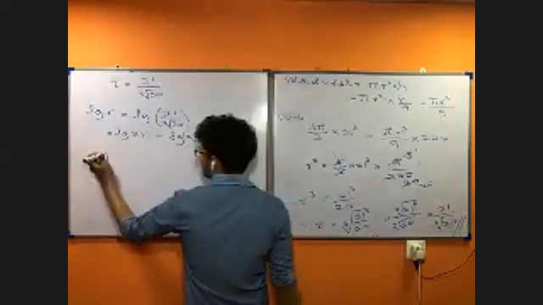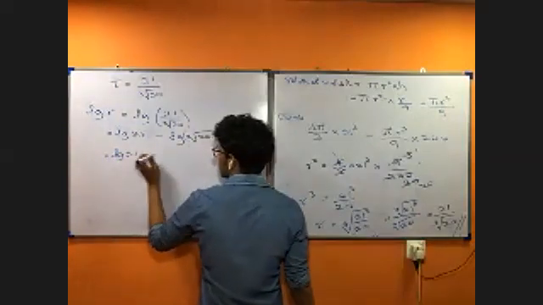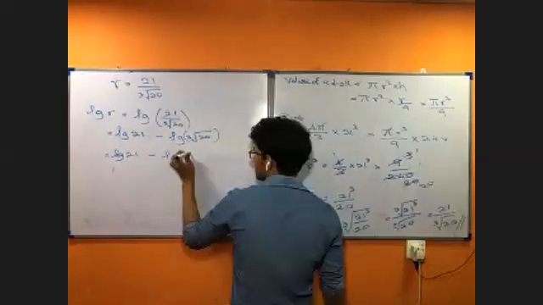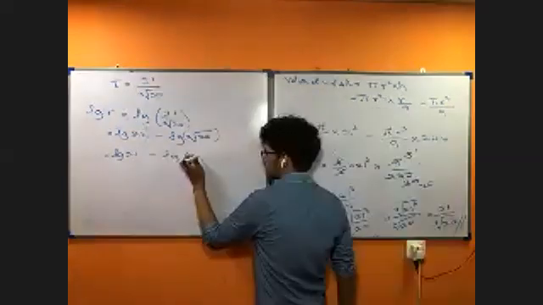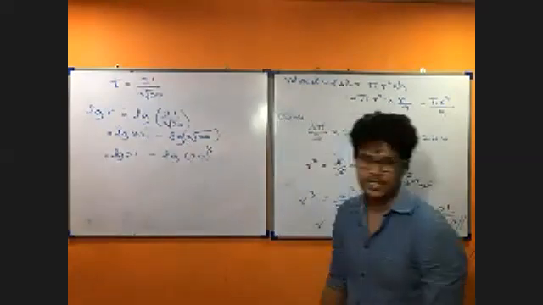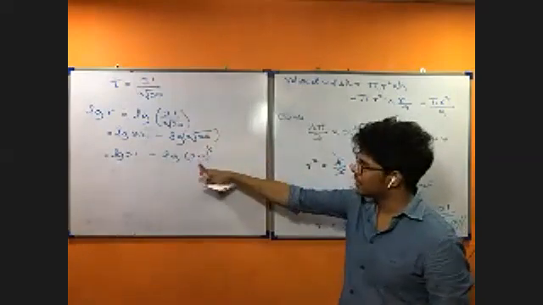So that is going to be equal to, again, log 21 minus log of third root of 20. Third root of 20 means 20 to the power 1 third. That is third root of 20. Under logarithm we learned that third root means 20 to the power 1 third.